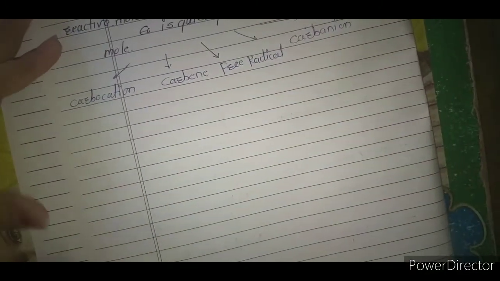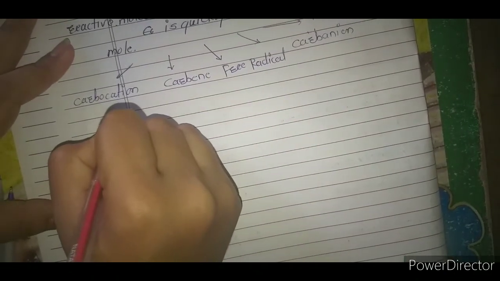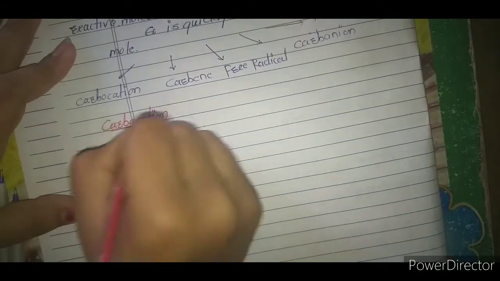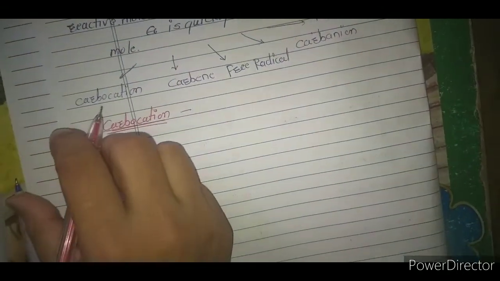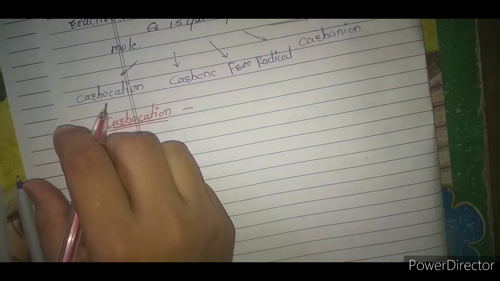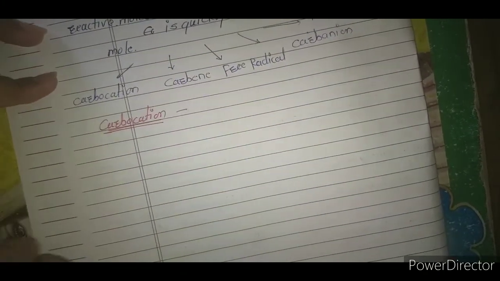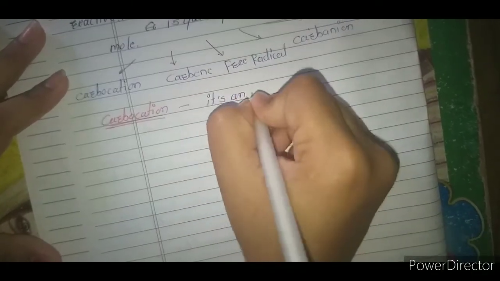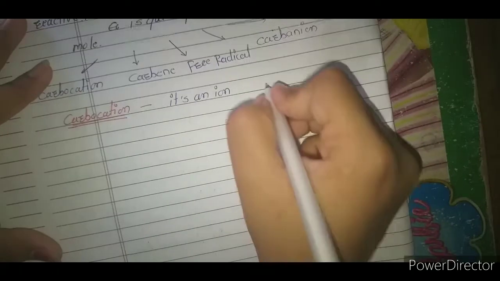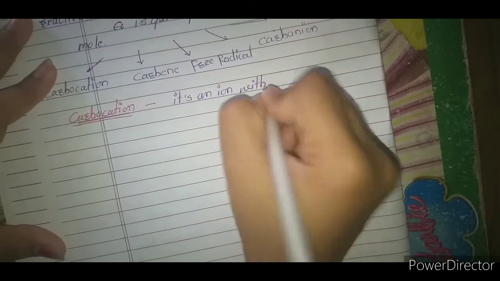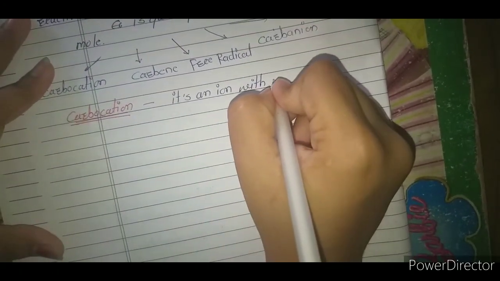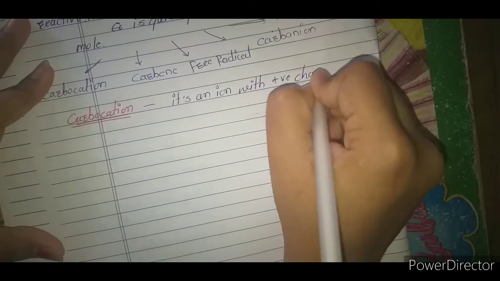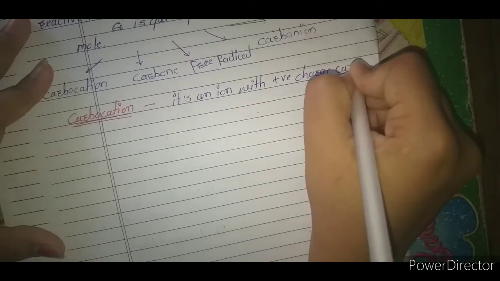So let's see first carbocation. Okay. So what is a carbocation? It is an ion with a positively charged carbon.